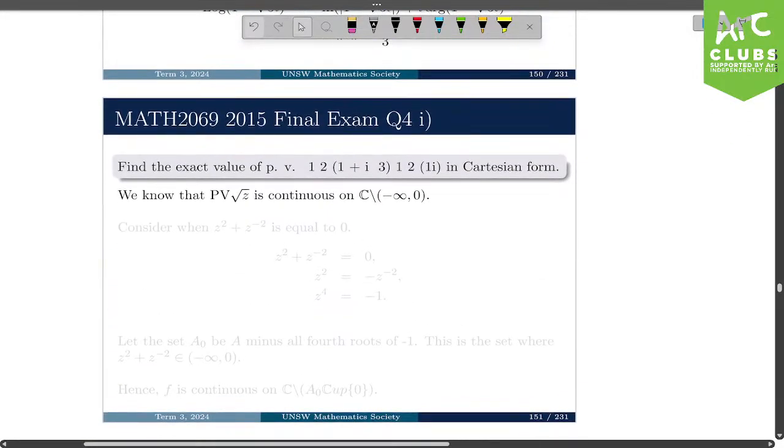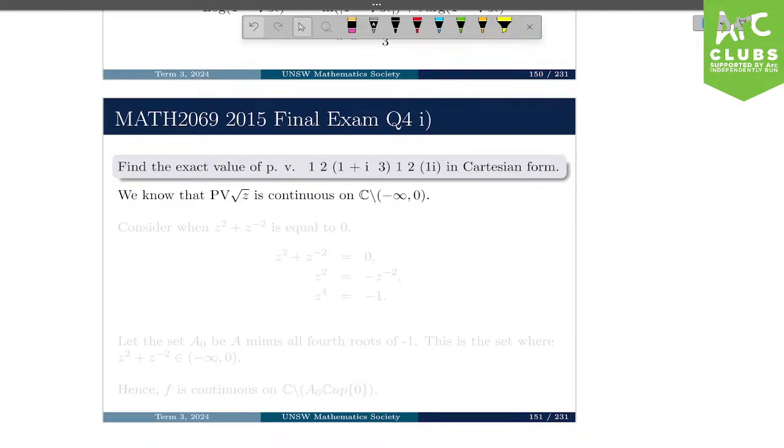And then another question is going to be from the 2015 final exam, question 4, part 1. Find the exact value of the principal value. Sorry, I'll try and fix this one up. This one's a little bizarre, sorry.